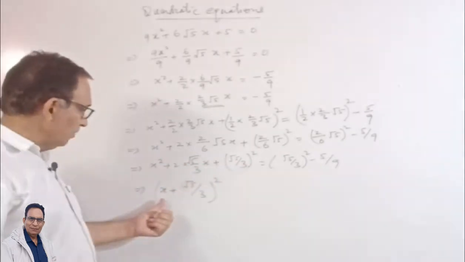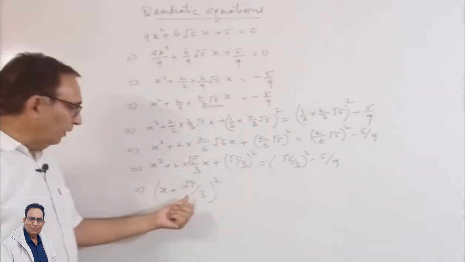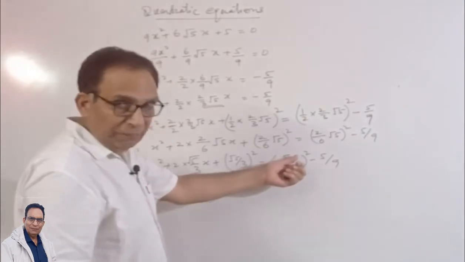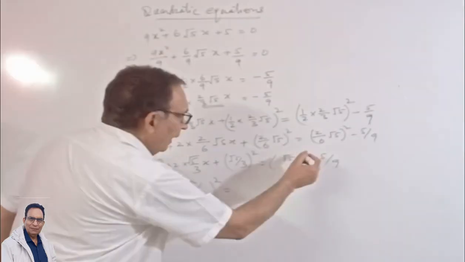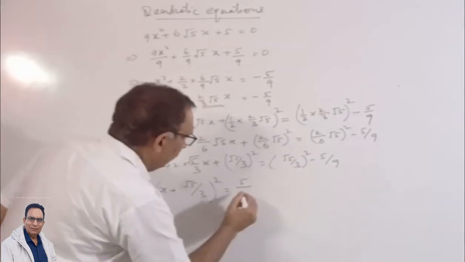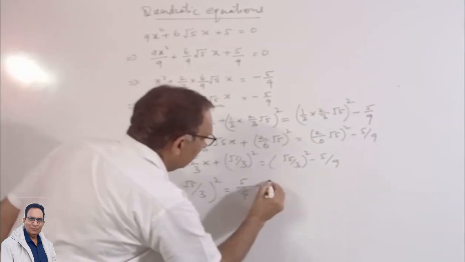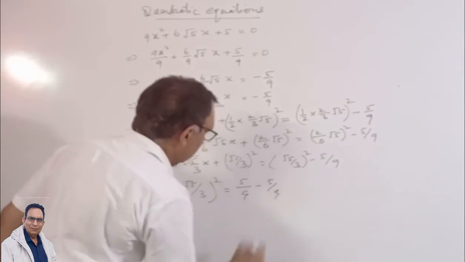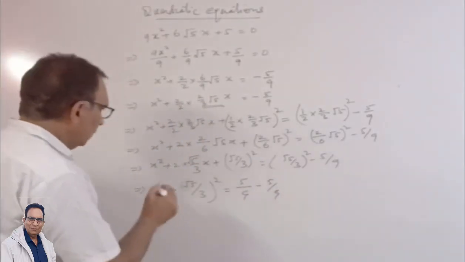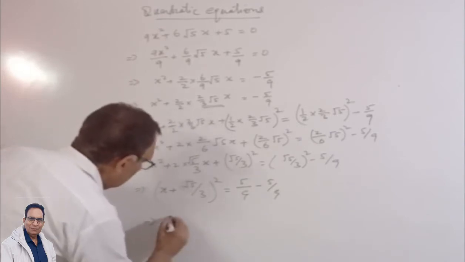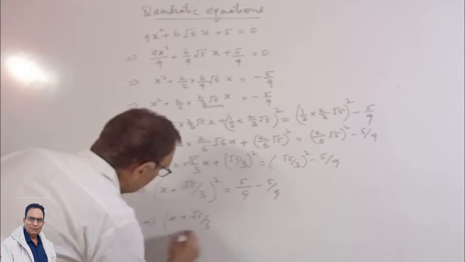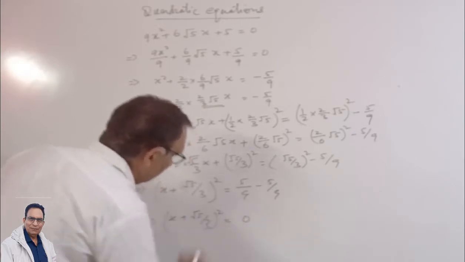So it becomes x plus radical 5 over 3 square. Come this side, solve it. Radical 5 is cancelled with the power 2, it becomes 5 over 9. This is minus 5. So this becomes what? x plus radical 5 over 3 square is equal to 0.